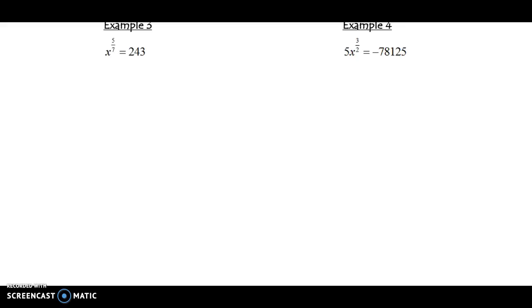Okay, example 3 and 4. So for example 3, now this exponent that's a fraction, remember the top number is always a power, and the bottom number is always a root. So really what we want is x to the first.